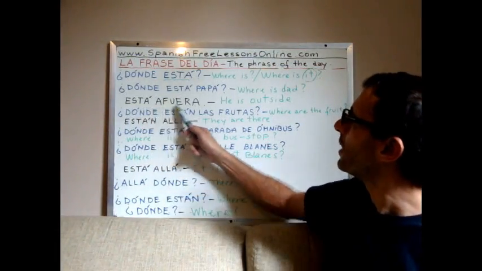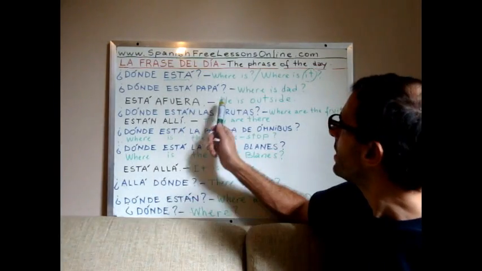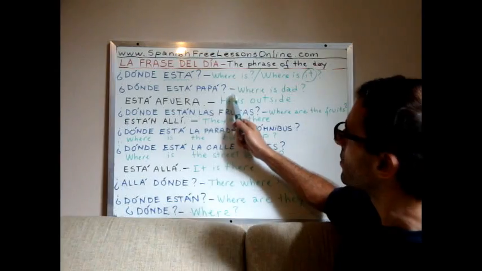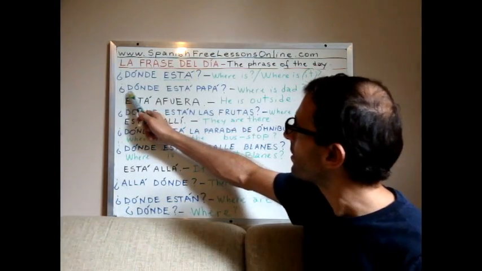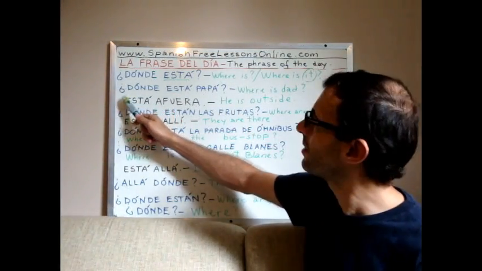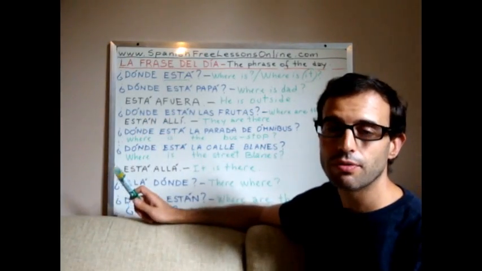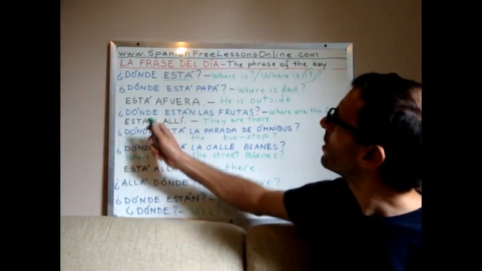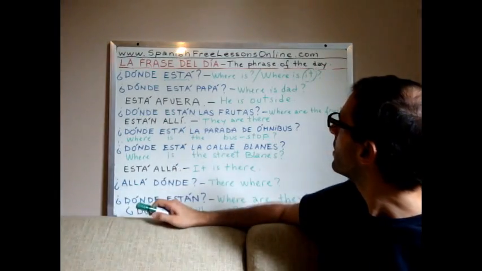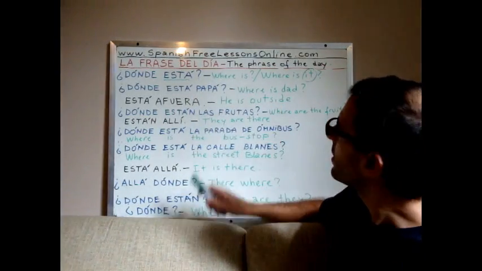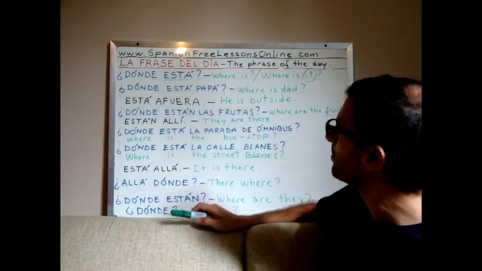Está afuera. He is outside. The word he, the subject pronoun, is implicit in está, right? Está, we know it's the conjugation for the third person of the singular. So está afuera, which means is outside, is he is outside.